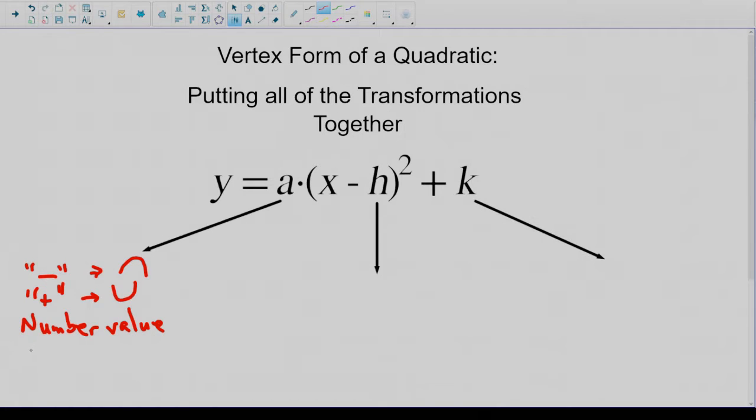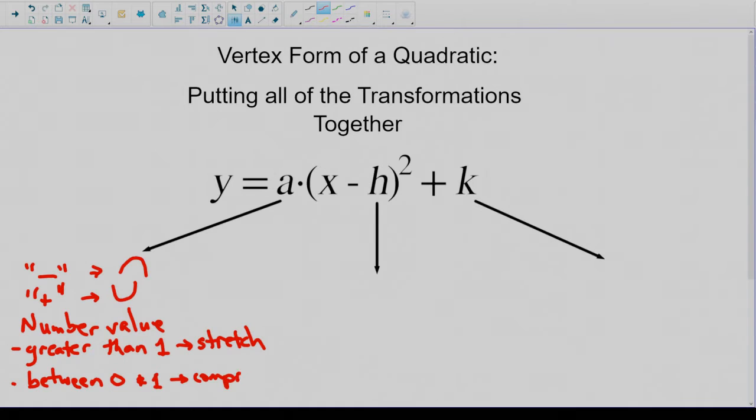If the number value of A is greater than 1, then you have what we call a stretch on the parabola. If the A value, the number value itself, is between 0 and 1, then we have a compression on the parabola.